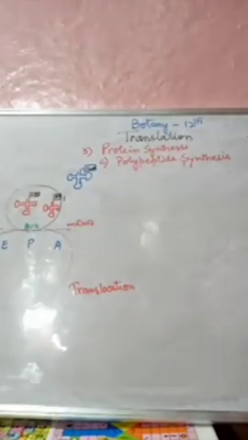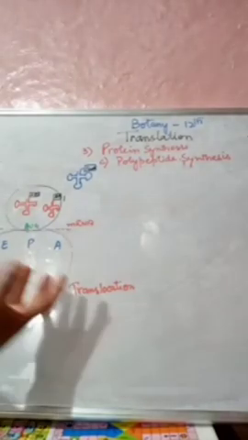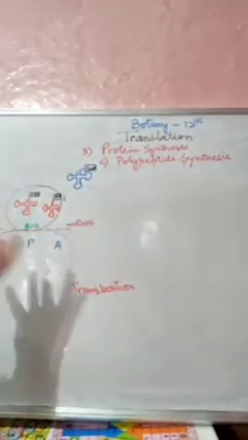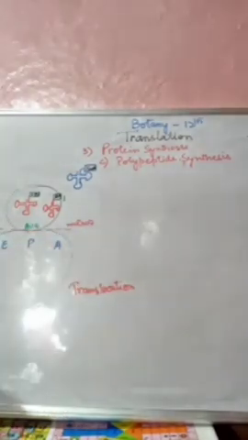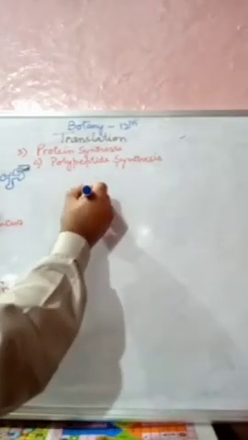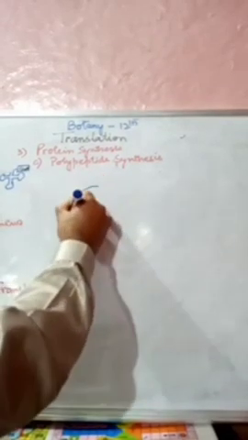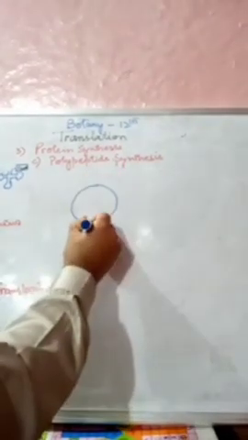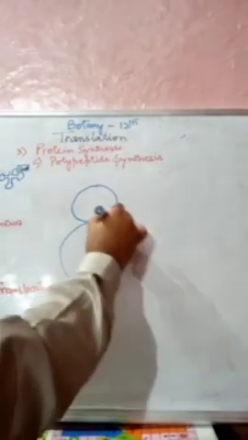After this ribosome has moved, how does it look? Let us draw the diagram where we would see the shift of ribosomes on the mRNA. We will draw another diagram. This is the smaller subunit, and this is the bigger subunit.